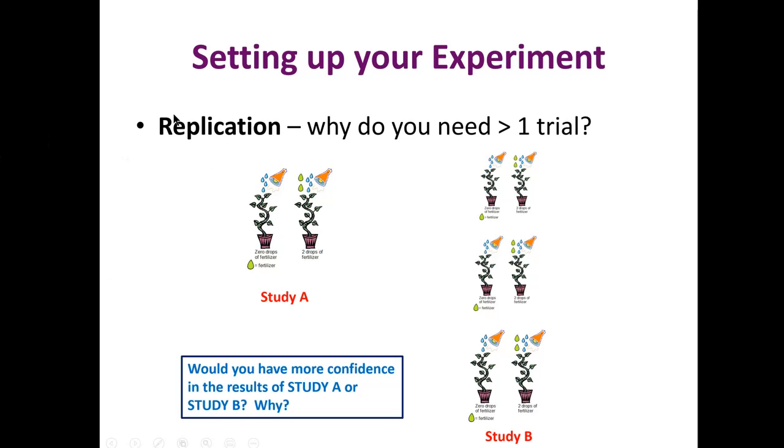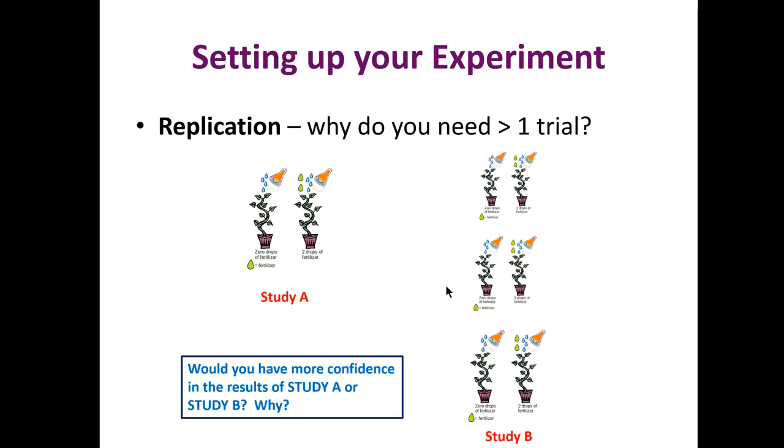So now we're going to talk about replication. Why do we need more than one trial? This is going to be a key part of your scientific experiment. We have to do more than one trial for a number of different reasons. One reason is we have to make sure our results are reliable.